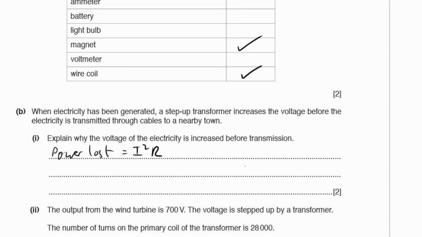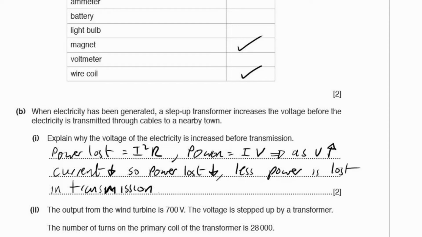Power loss is given by I squared R. What we know is that power equals I times V. Now, as the voltage increases, the current decreases, and that means that less power is lost in transmission.